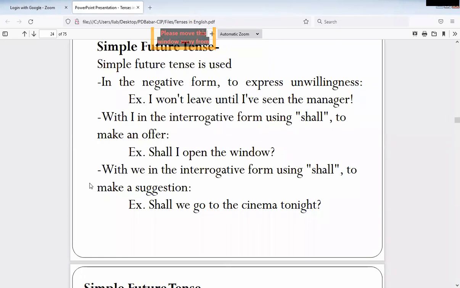For suggesting something to someone, we use shall. Let's see an example of it. The example is, shall we go to the cinema tonight?